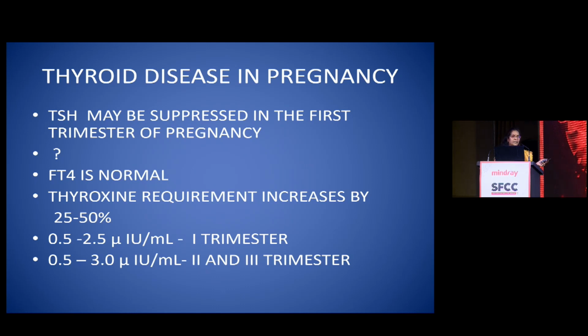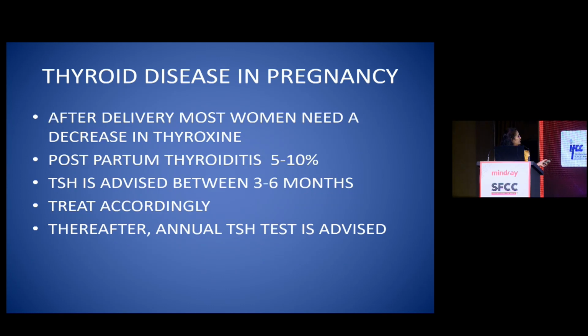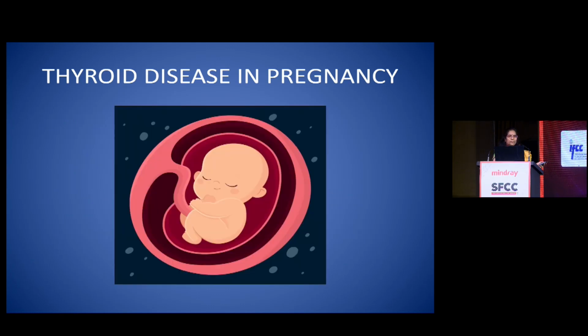Thyroxine requirement increases in pregnancy by 25 to 50%, and in the first trimester we should aim for a TSH between 0.5 to 2.5. In addition to TSH, human chorionic gonadotropin, which shares the alpha subunit along with TSH, FSH and LH, increases in the first trimester of pregnancy, as we all know.